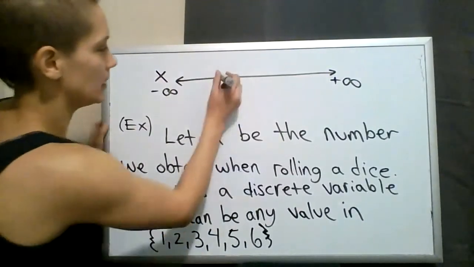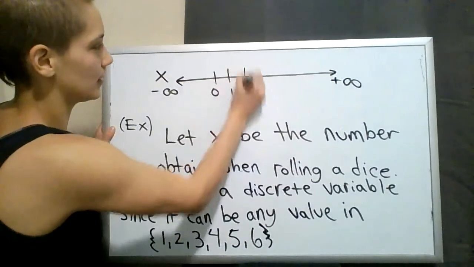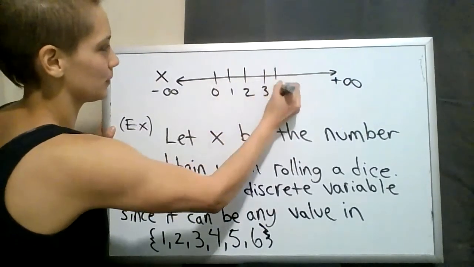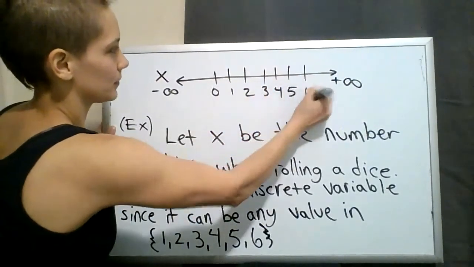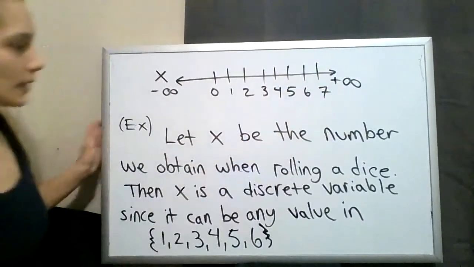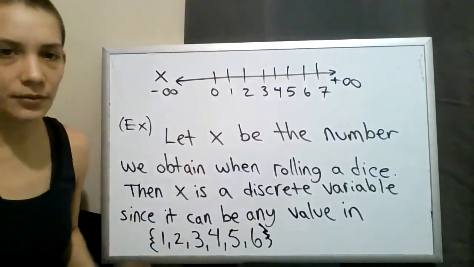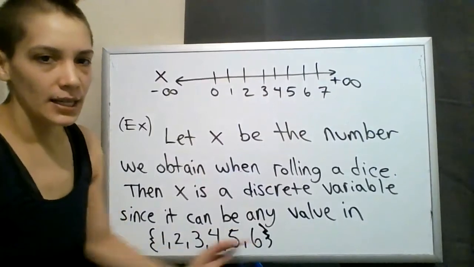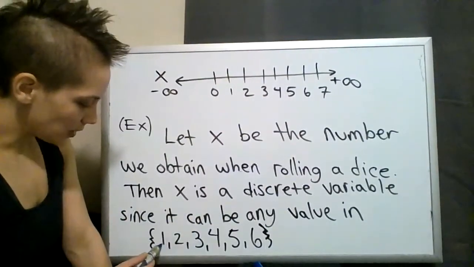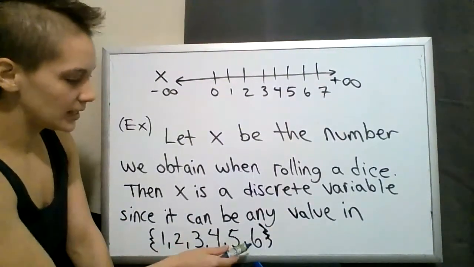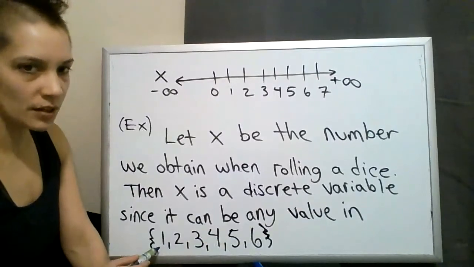Let's put in some placeholders. Our variable is going to be 1, 2, 3, 4, 5, and 6, and I'll represent using 1 with a solid dot.